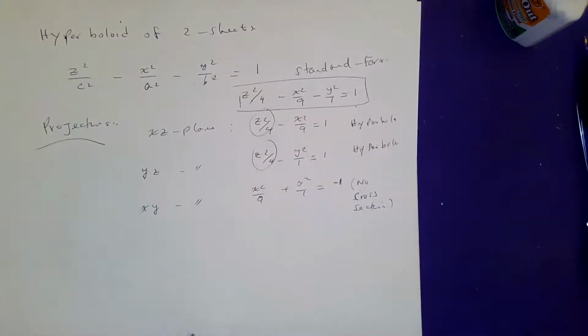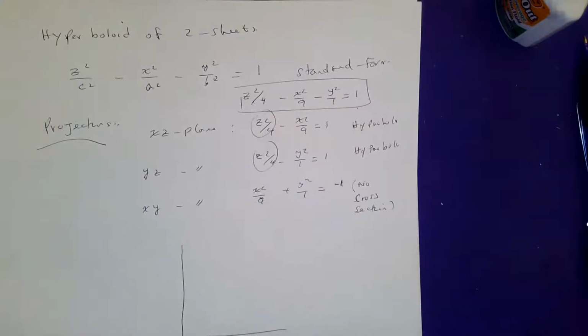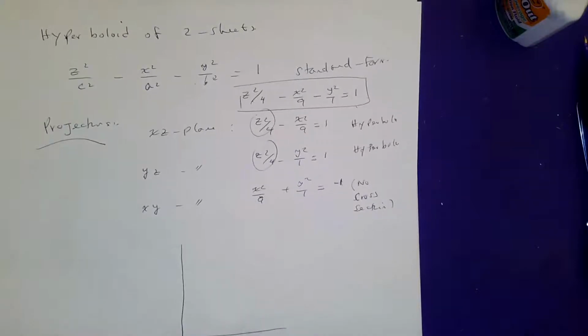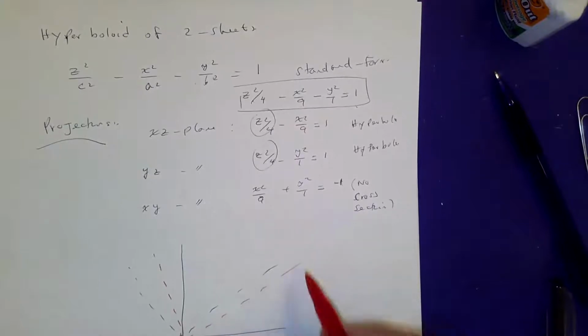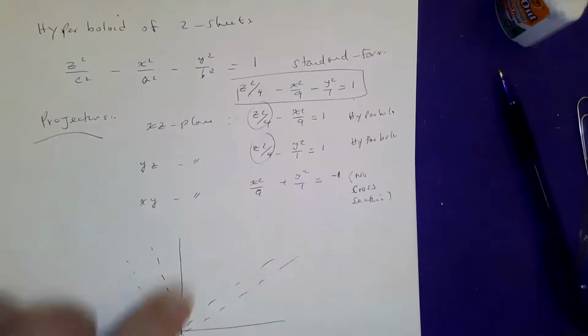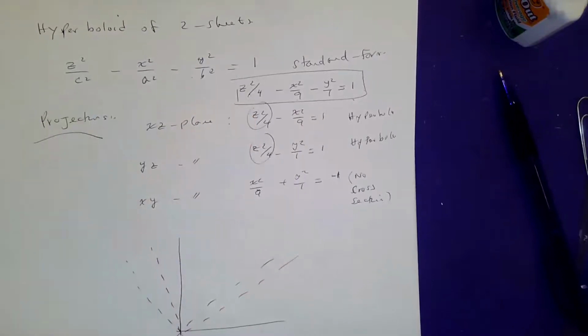So just to save some time, if you draw the boxes, these would be one of your asymptotes. The other asymptote will be just like this, except it crosses these guys on a different spot. But in both cases, the branches open along the z-axis. Do you see it?